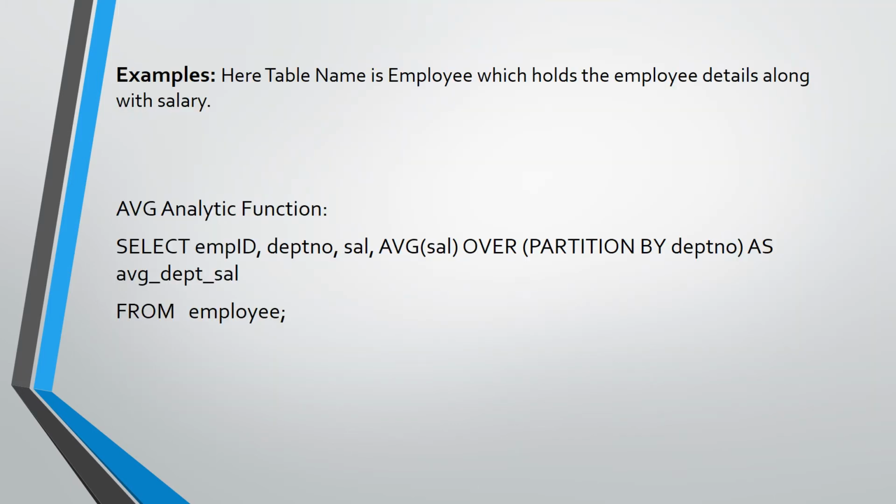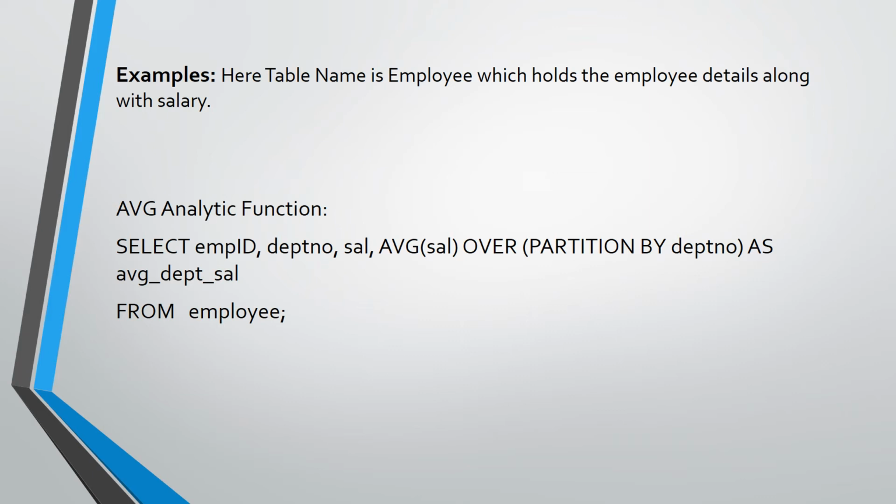Here let's talk about how we write a query for a few of the analytic functions. We have considered an employee table, which holds the employee details along with salary. For the average analytic function, in the select we are selecting employee ID, department number, salary, and average salary.